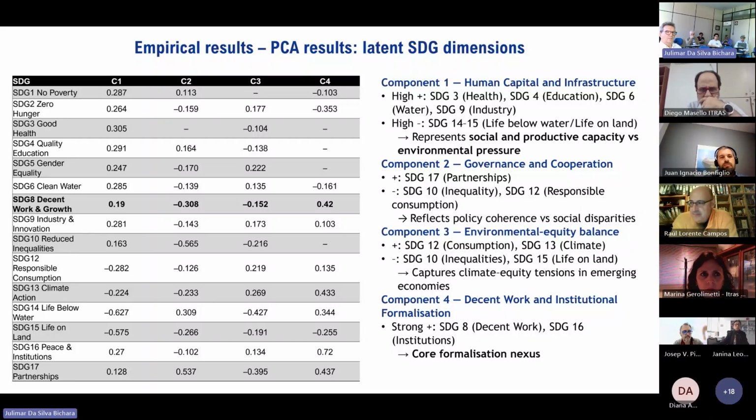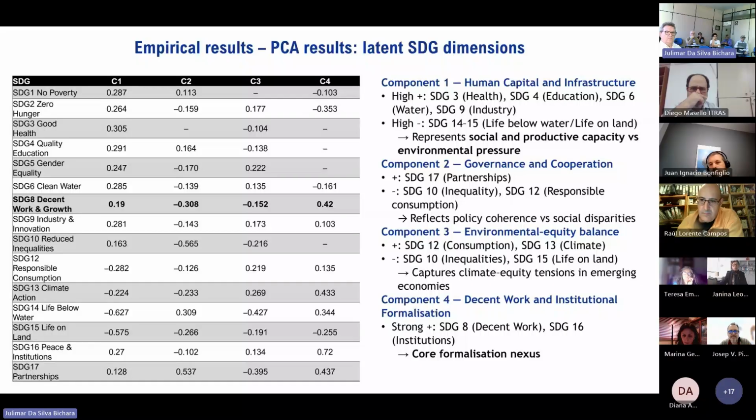And we see that we have high values for SDG 3, which is related to health, the fourth, which is related to education, the water one, and industry. And we have low values, negative signs, for life below water and life on land. And this component represents the social and productive capacity in relation with environmental pressure.